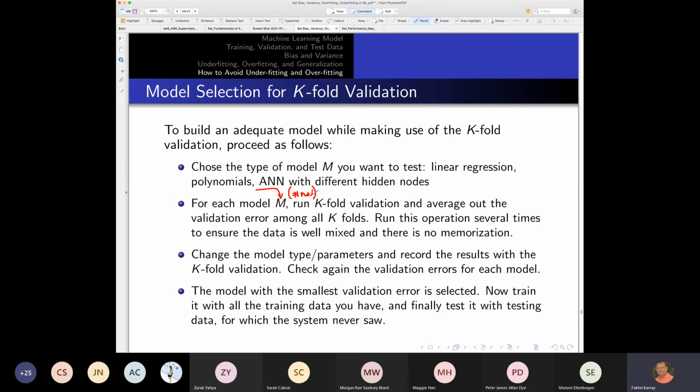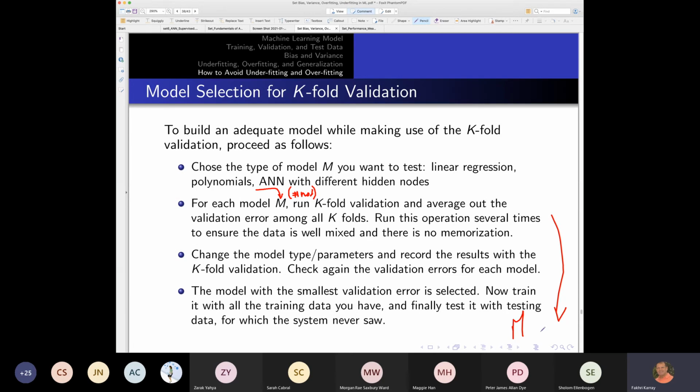For each one of them, we run the k-fold validation and take the average, and then we decide which best model we have obtained for this particular system. The model with the lowest average k-fold validation error is the model to choose, and on this one we do the testing, using the testing data that we have never seen in the past.